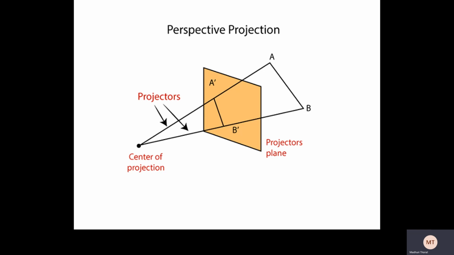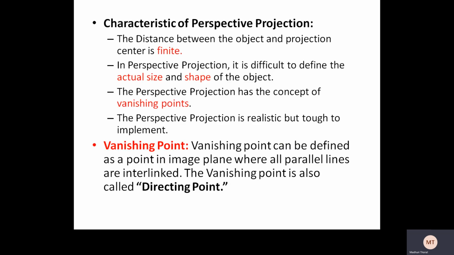So we get A dash B dash, and we use a projection plane here. The projectors are gathered towards one center. That center or point we call the center of projection. So this is perspective projection.